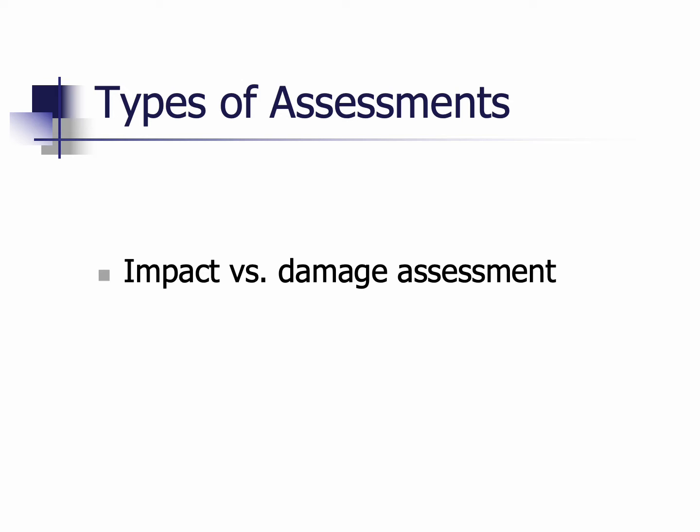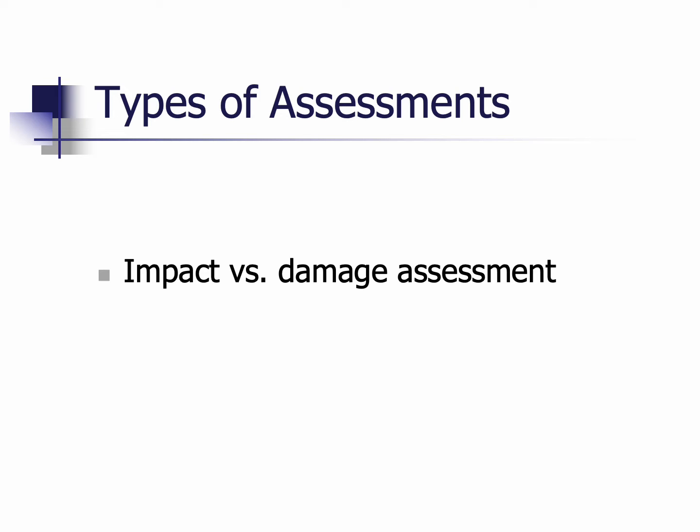A damage assessment is related in some ways to an impact assessment. In fact, we might say that the overall impact assessment might be needed before you can begin a formal damage assessment. However, a damage assessment is different than an impact assessment in that it is focused more on physical damages and financial losses.